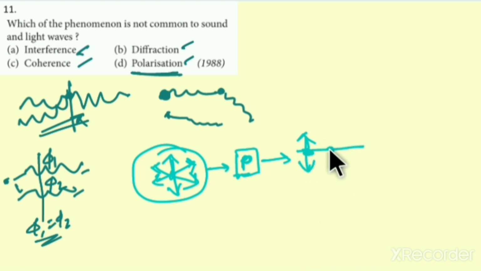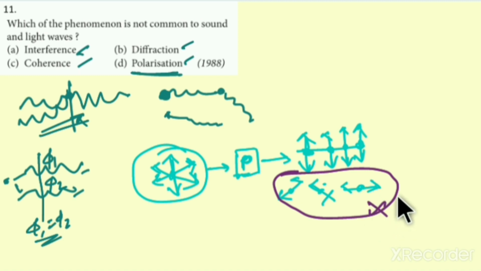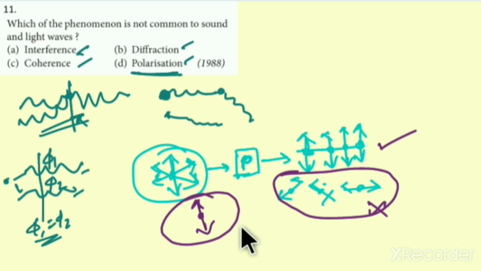So in the total wave, the particles vibrating in this direction will remain, and the others will cancel out. There will be no such vibration, only this will be present here. So when I am saying that there is vibration of the particles in this way, this must be a transverse wave.